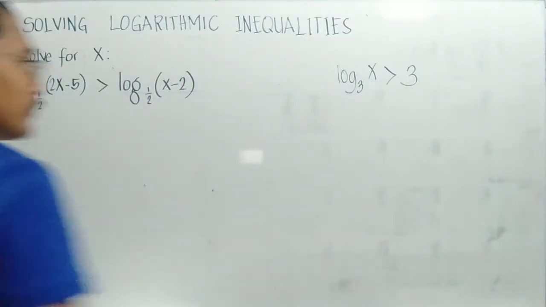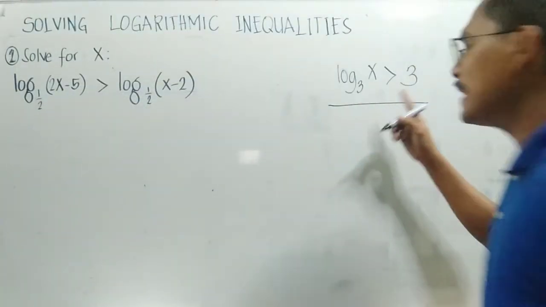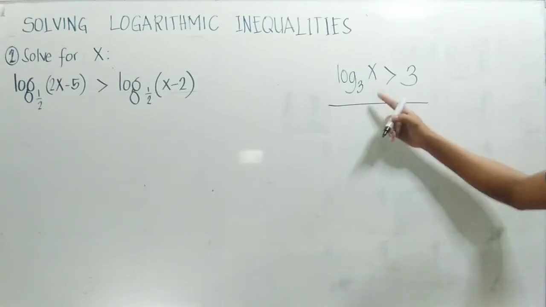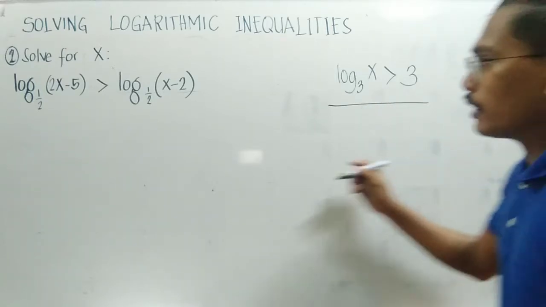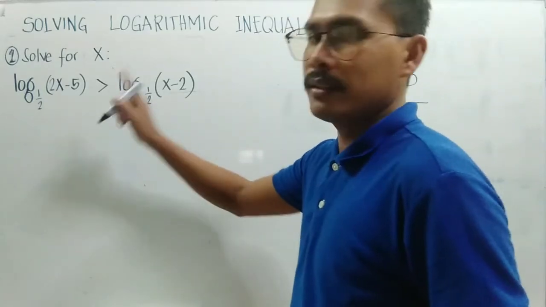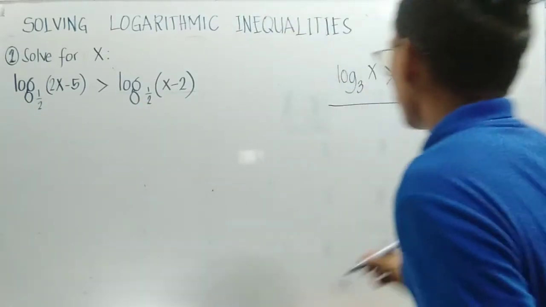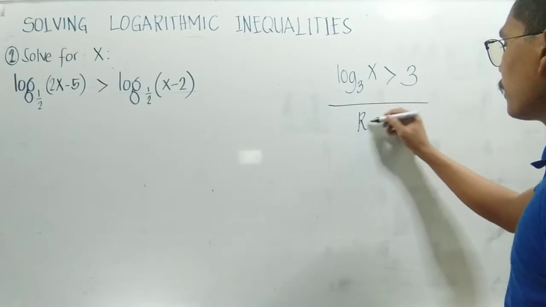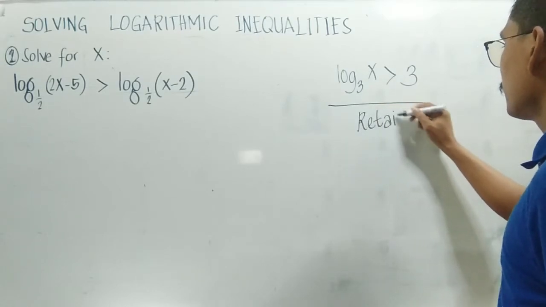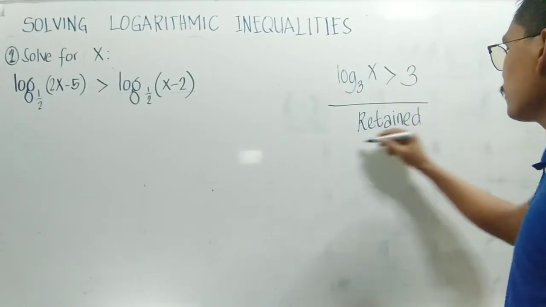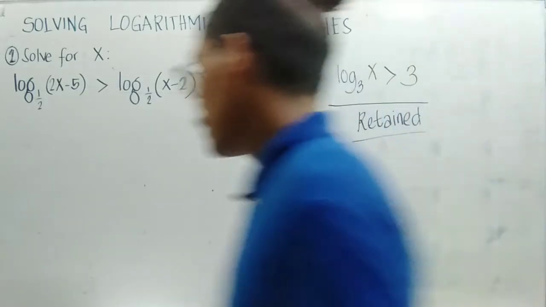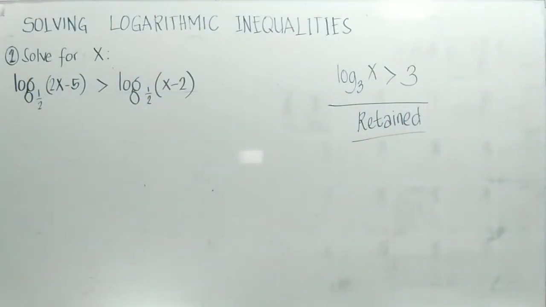In here, we are dealing with the base that are whole number, and on here, we will be dealing with the base or bases that are fraction. So if you can remember, the inequality symbol was retained. Okay? So let us proceed to this example.